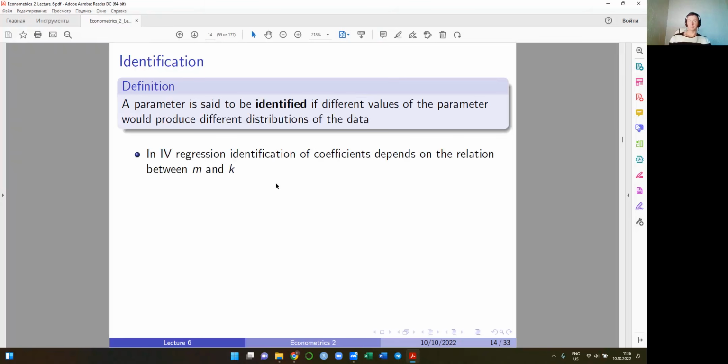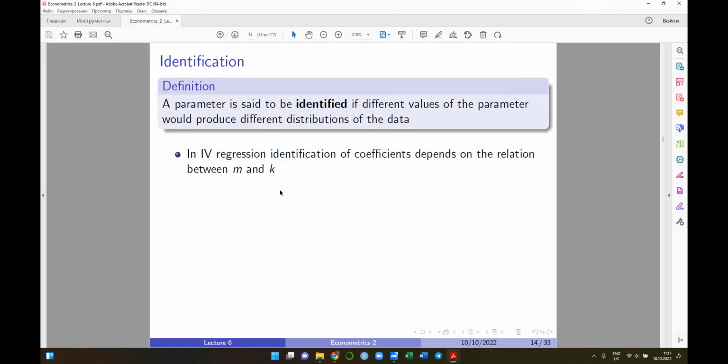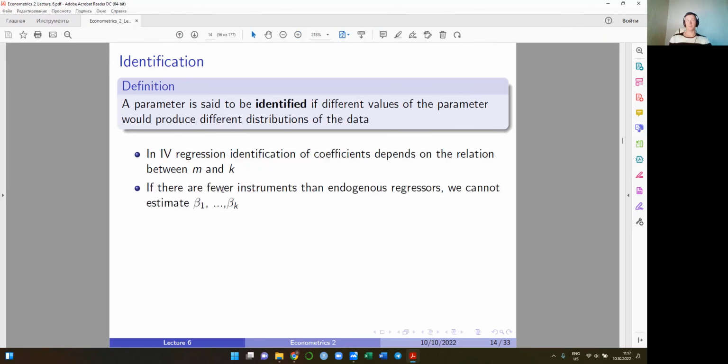Related to instrumental variables, it means the following. In instrumental variables, identification of coefficients depends on the relation between the number of instruments and the number of endogenous variables. And this is very simple. If there are fewer instruments than endogenous regressors, we cannot estimate betas.